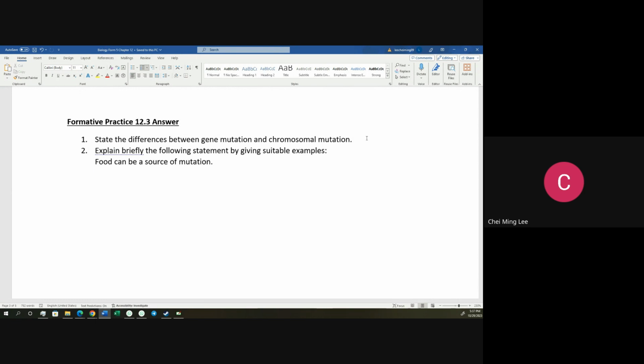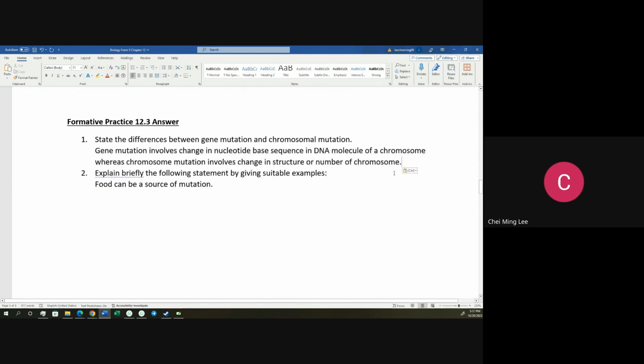Gene mutation involves the change in nucleotide base sequence, while chromosome mutation involves the change of structure or the number of chromosomes. So this will be the answer: gene mutation involves the change in nucleotide base sequence in the DNA molecule of a chromosome, whereas a chromosome mutation involves the change in structure or number of chromosomes.